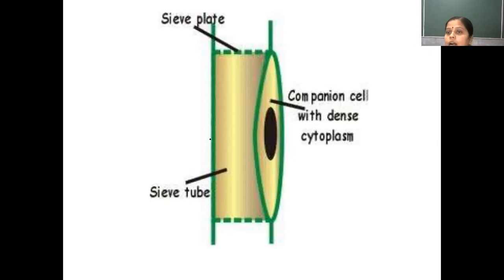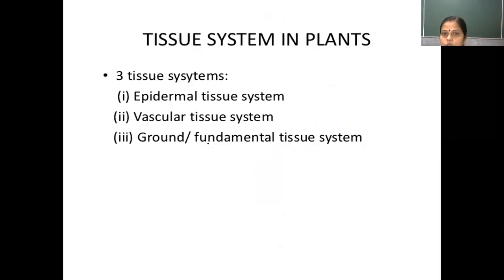Phloem parenchyma is involved in photosynthesis, storage, and secretion, whereas phloem fibers provide mechanical support. Among these cells, three are living: companion cells, sieve tube cells, and phloem parenchyma. Only one is a dead cell, that is phloem fibers. So this is about the functions of different types of phloem tissue.